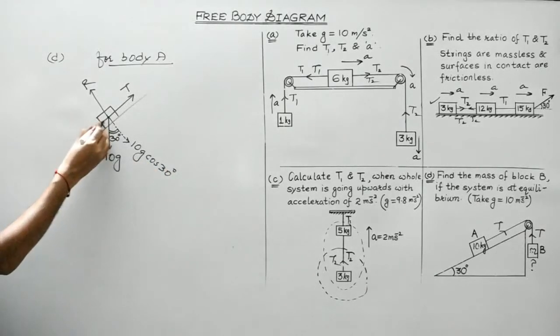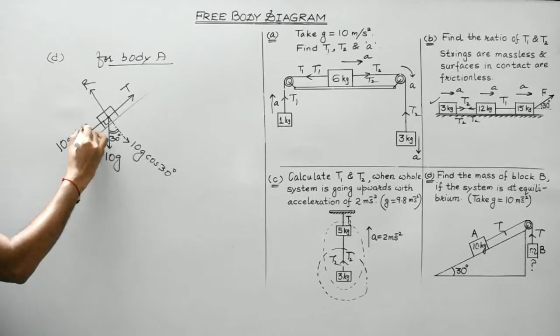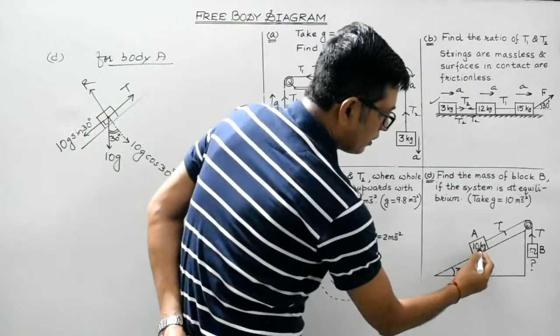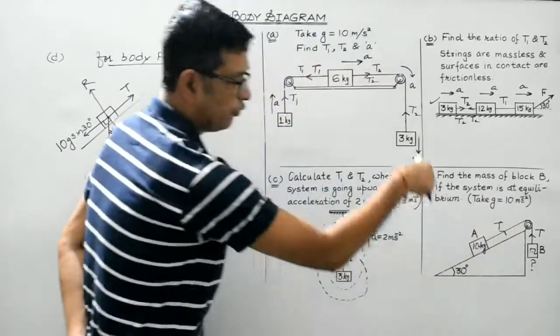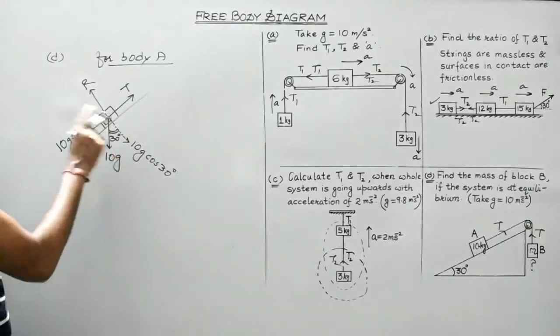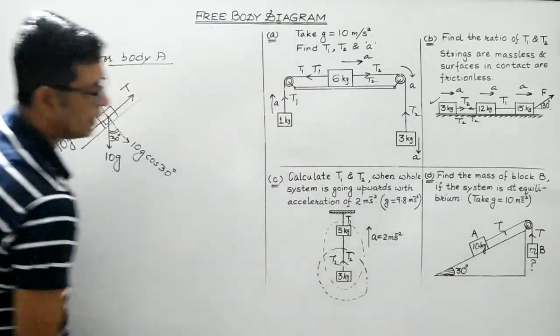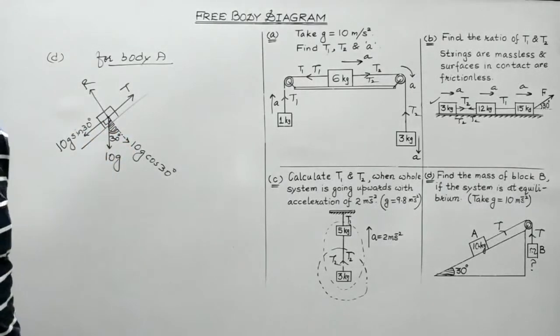While the other perpendicular component, this one, would be 10g sin 30 degree. Clear, students? So this is the weight, this is the reaction, this is the tension. So weight needs to be resolved into two perpendicular components. And already in the previous lecture we have derived it mathematically that this angle would be equal to this angle. We have proved it, isn't it?